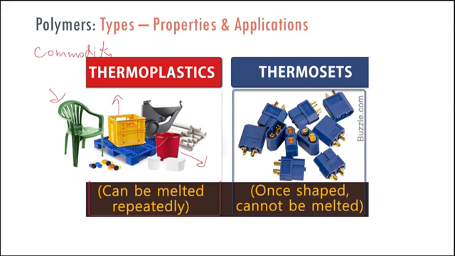And for the thermosetting, once it's shaped, it cannot be remelted or change shape again, so it's quite tolerant of high temperature. The thermoset is usually applied in the parts of the unit, in the electric unit. For example, the plug or the cable.